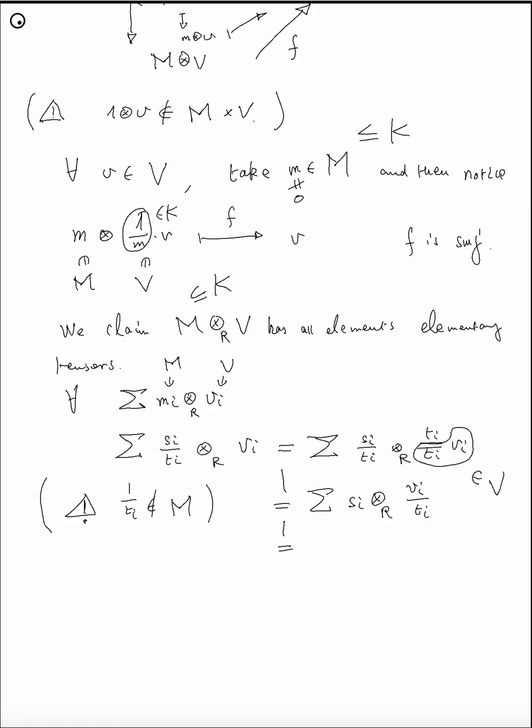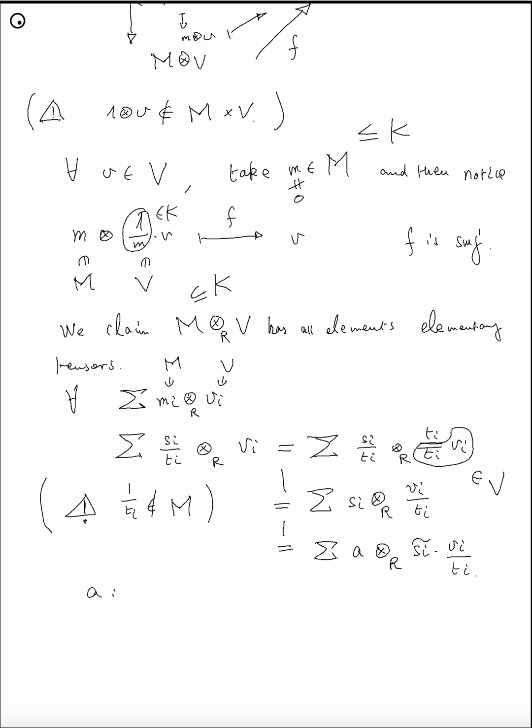So this is the summation of A times some, let's call it si tilde, tensor vi over ti.